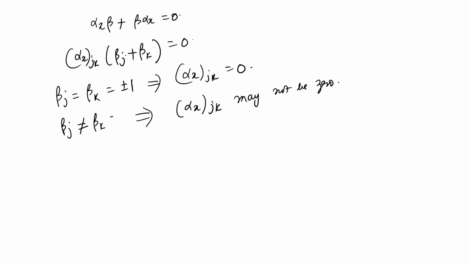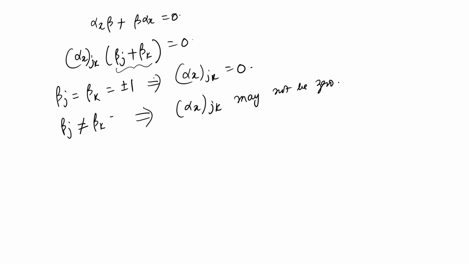So, once again I will just go over it. If beta j and beta k are both the same, either both plus 1 or both minus 1, then necessarily alpha x jk will have to be equal to 0, and if they are not equal, that is one is plus 1 and one is minus 1, then that could be 0, so alpha x may not be equal to 0.